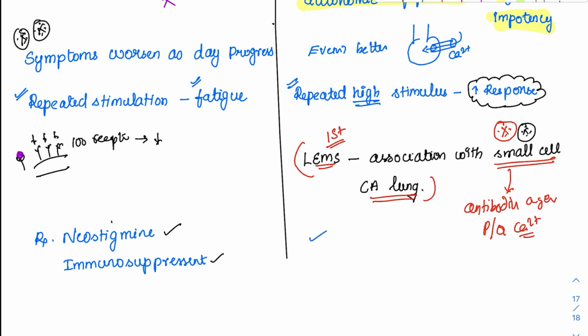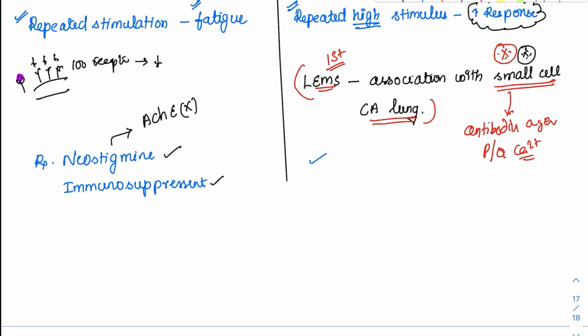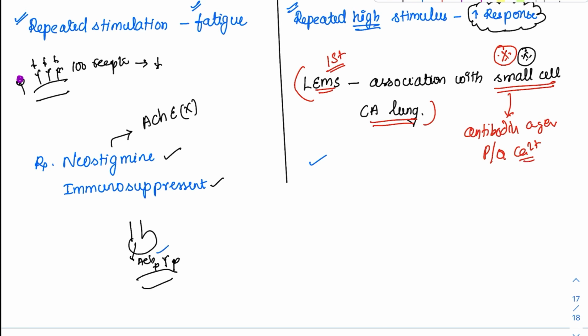What is this neostigmine? Neostigmine is an acetylcholinesterase inhibitor. So how does this drug help? The neurotransmitter is released and the postsynaptic membrane is there. The acetylcholine is released. After its action, in a normal subject, this acetylcholine is usually destroyed by the acetylcholinesterase enzyme.